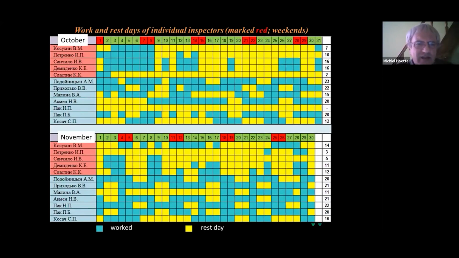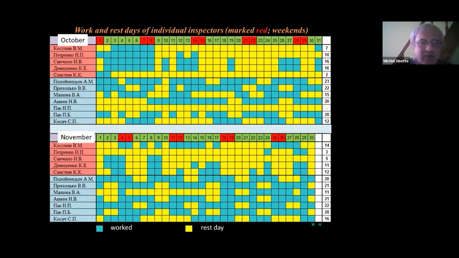This is another example of a protected area where the teams had what I called optimal, a high level of independence. But as a result, not every team took it seriously, and many teams didn't want to work on the weekends.